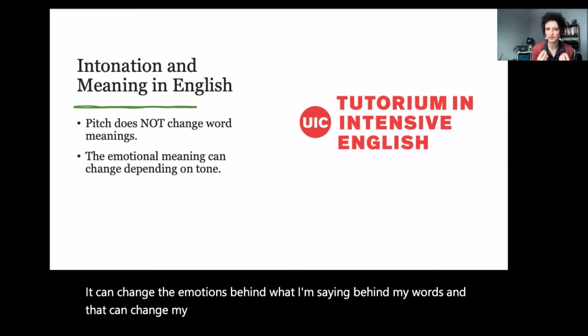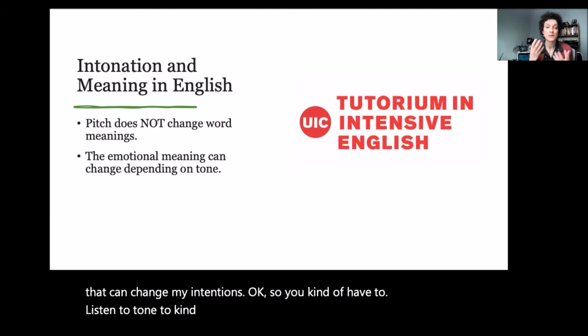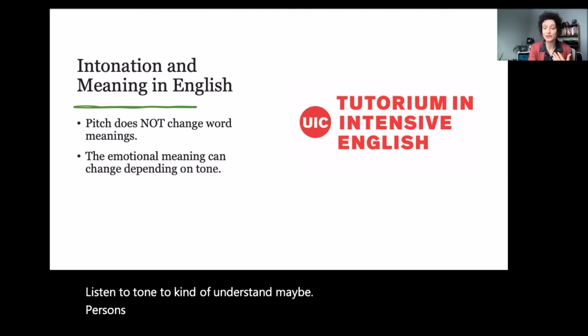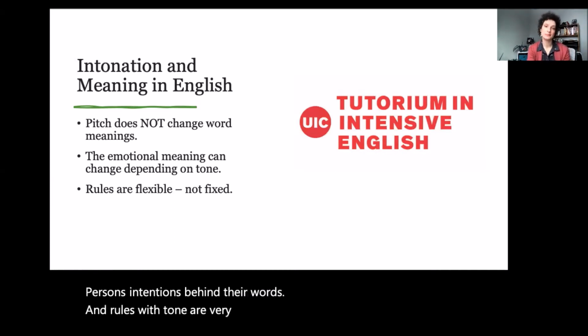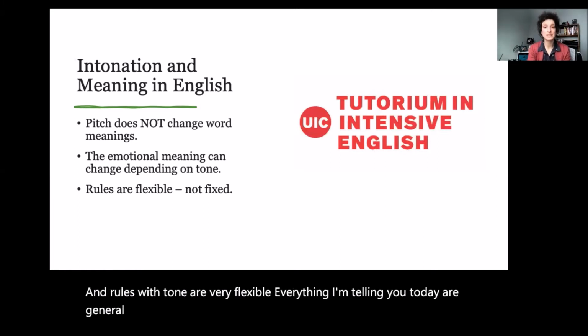Okay, so you kind of have to listen to tone to understand maybe a person's intentions behind their words. And rules with tone are very flexible. Everything I'm telling you today are general guidelines, but we manipulate and change tone a lot depending on what our intended meaning is.